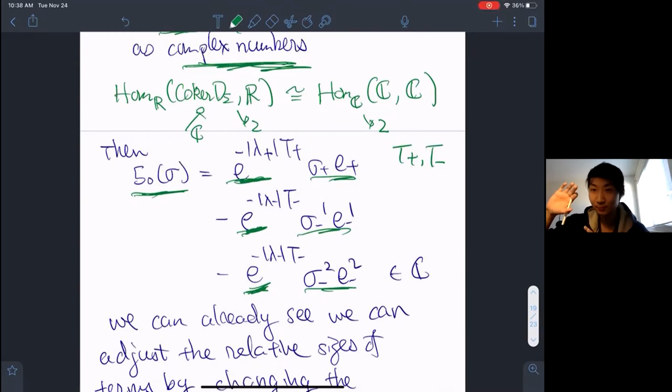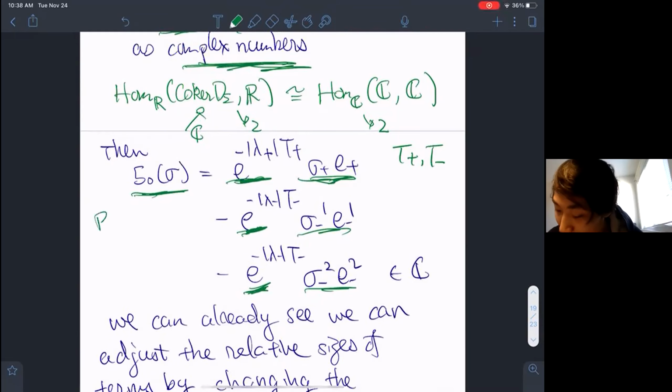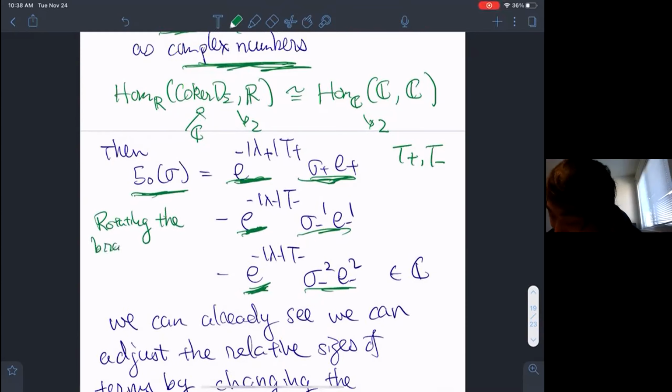But somehow to make the complex number 0, their phases have to match, right? Not only do the magnitudes have to cancel, but the phases have to cancel. So what parameter do I have to make the relative phases of these terms cancel? The answer is rotating the branch point.